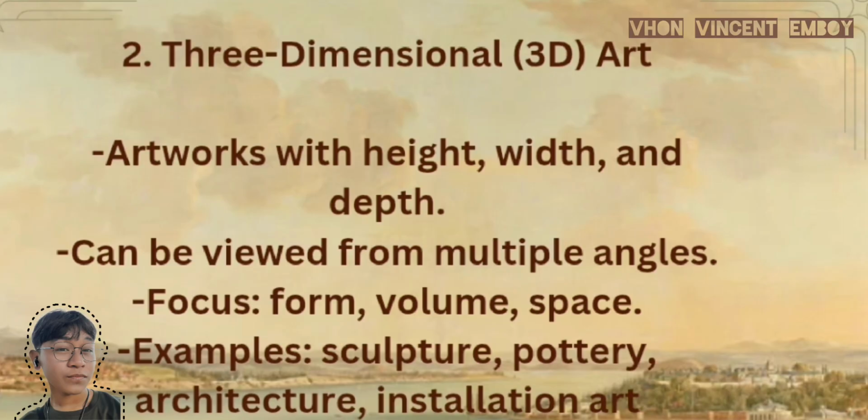These works have actual depth unlike 2D art and take up physical space. You can walk around a sculpture or enter a building because it has volume. The way light hits it and the way it occupies the space around it are very important. It's not just something you look at, it's something you can experience from the front, back, and sides.